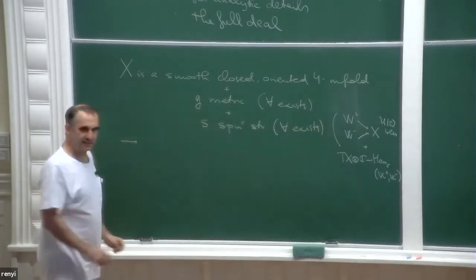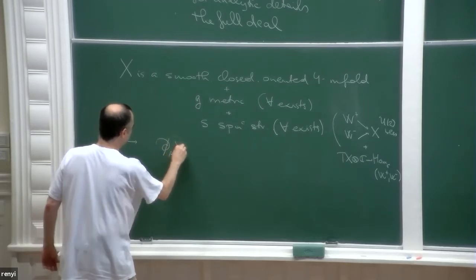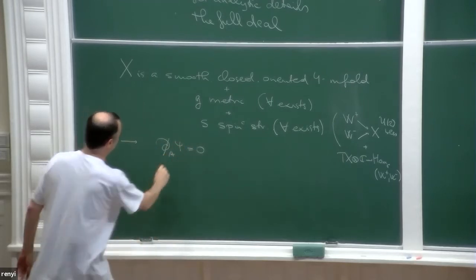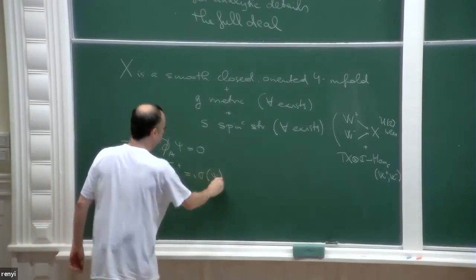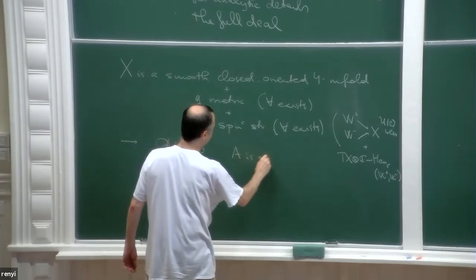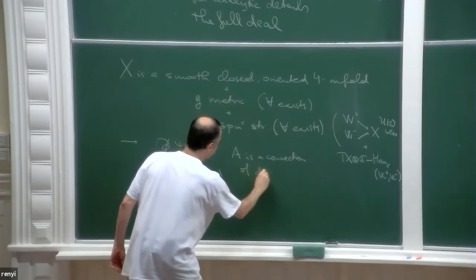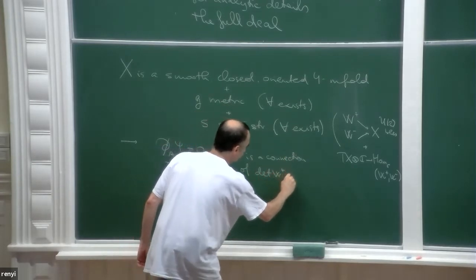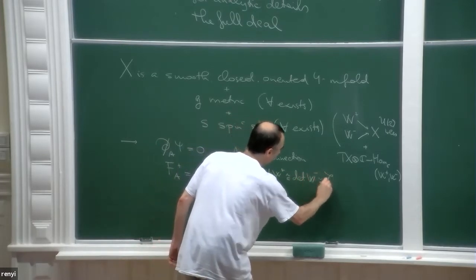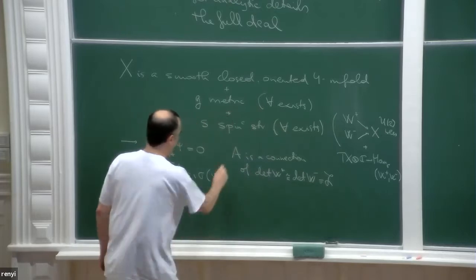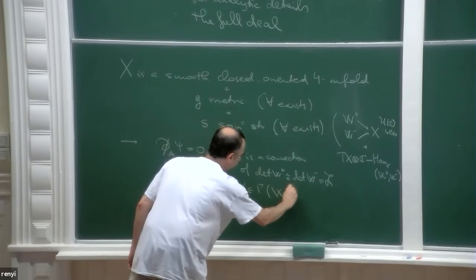And out of this, I wrote down 2 equations, and I will just write down the equations now, but their shape is not particularly important for the rest of today, where A is a connection on the determinant line bundle of W plus, which is isomorphic to the determinant line bundle of W minus, and I denoted it by L, and psi is a section of W plus.